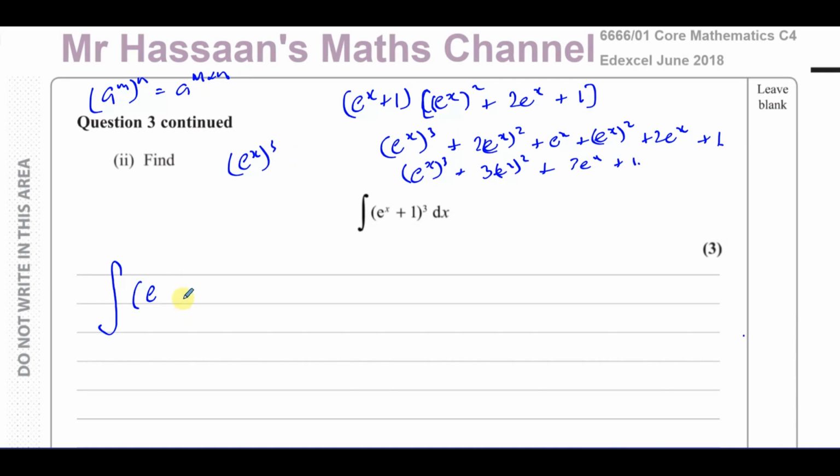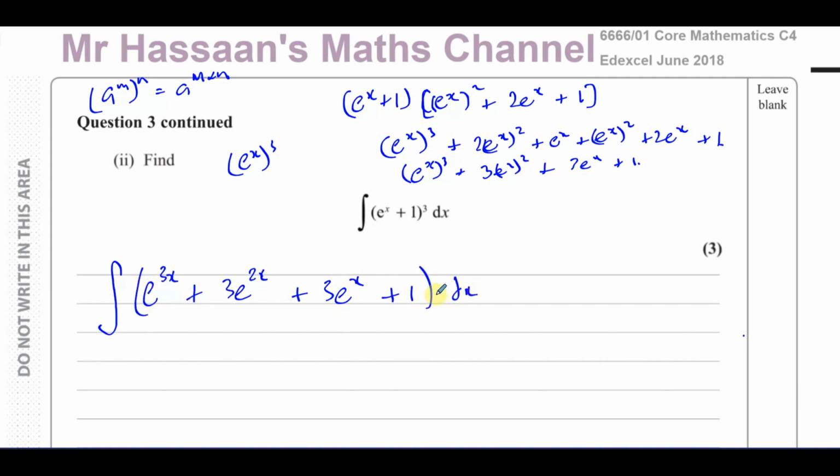So I multiply these powers, so that's going to be e to the power of 3x. x times 3 is 3x, right? So that's going to give me e to the power of 3x. And that will be plus 3 e to the power of 2x plus 3 e to the power of x and plus 1. So when you expand that, this is what you're going to get.